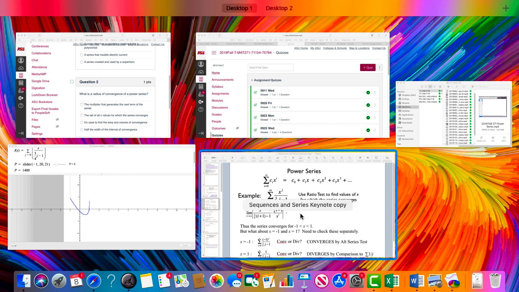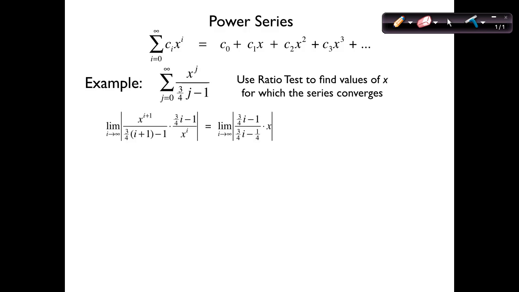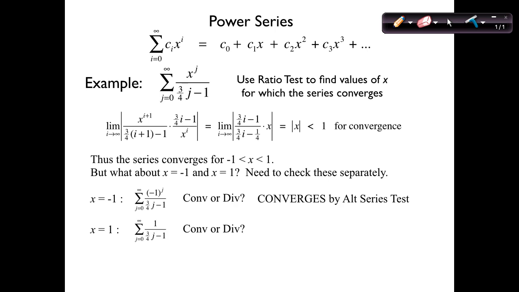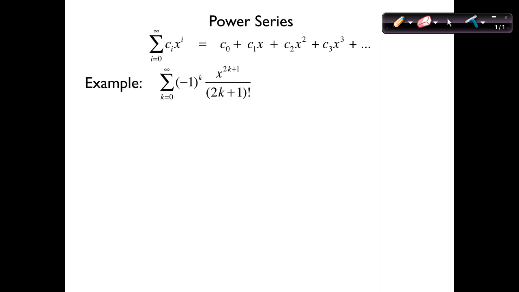Okay, here we go. Next one. Already did all that, so let's try this one. So we're going to ask, for what values of x does this converge? We're going to use the ratio test to do that, right?